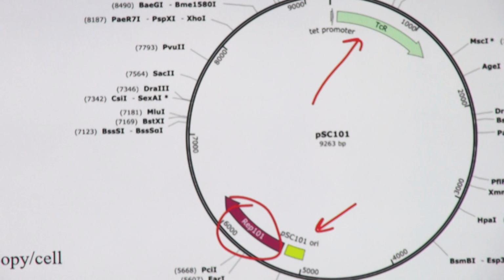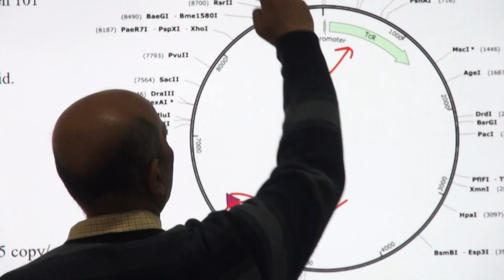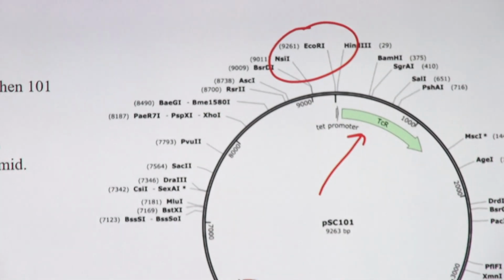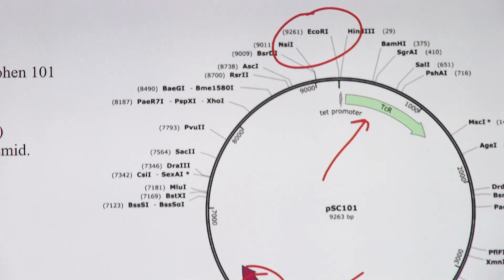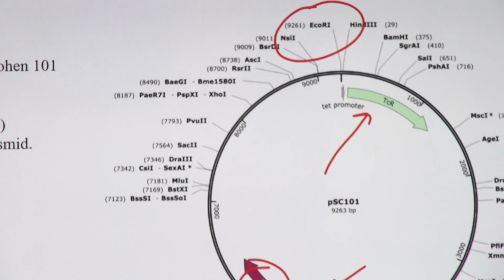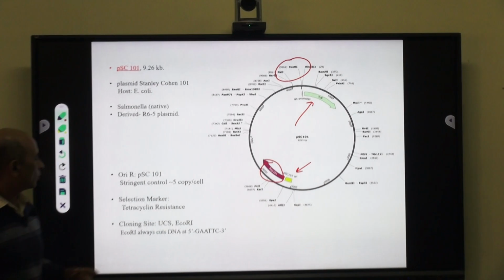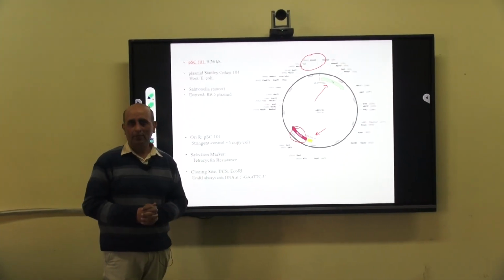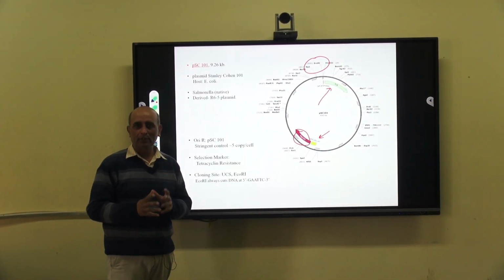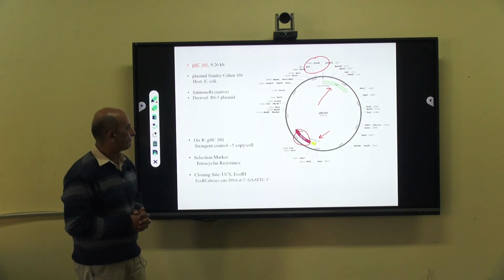be eliminated. The third important feature is the cloning site, and for this vector, the cloning site that was used in initial experiments was EcoR1, and these are also called unique cloning sites. And these EcoR1 restriction enzymes are class 2 restriction endonucleases which will cut exactly similar sequences.